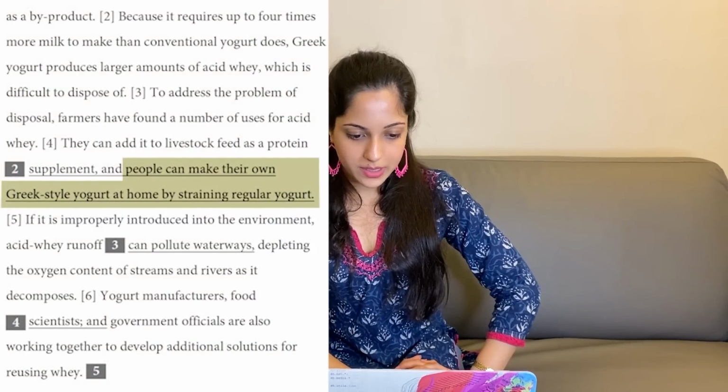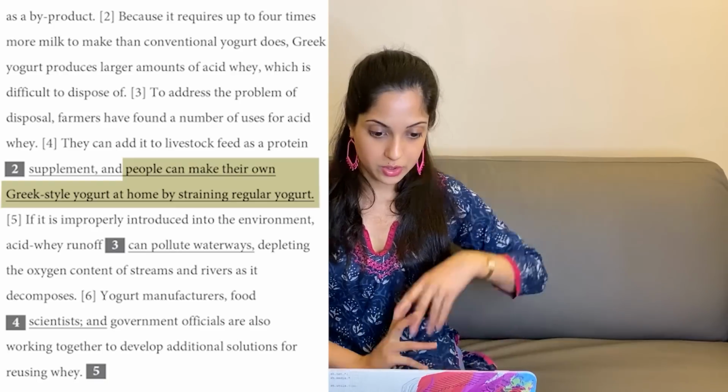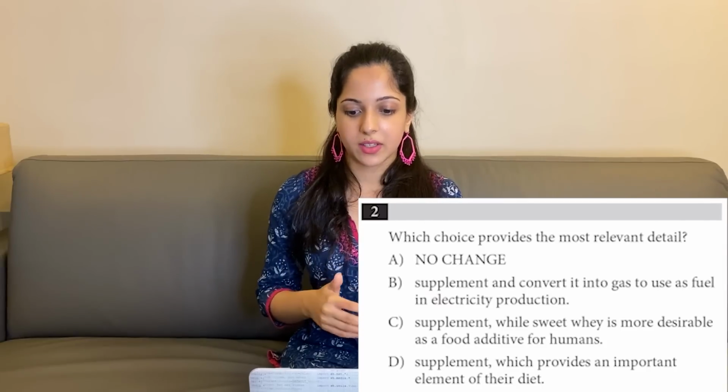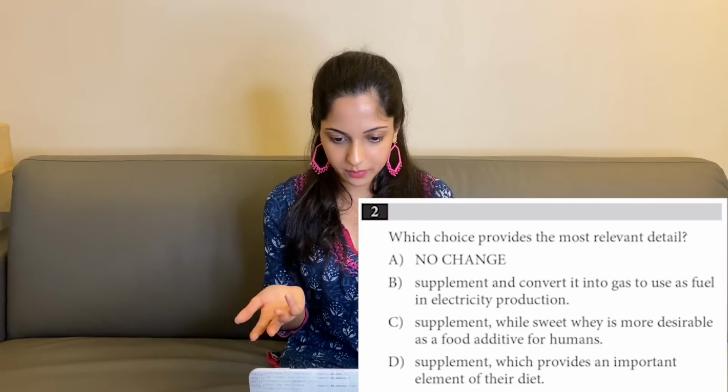Okay, so clearly the sentence before is setting up a number of uses. Great. So currently it says, people can make their own Greek-style yogurt at home by straining regular yogurt. So it's protein supplement versus yogurt. Cool, that could be 2 things. Let's see other uses. B says supplement and convert it into gas to use as a fuel.